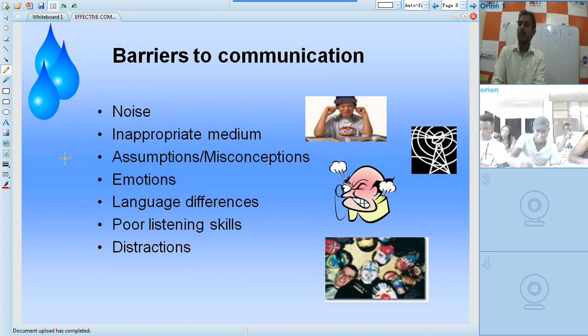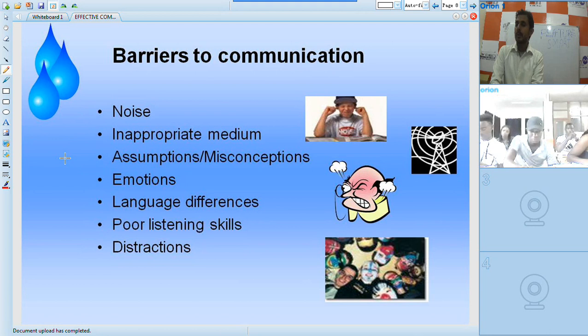While you are communicating with others, noise can affect the communication. Or the medium may be inappropriate. Suppose you are communicating over the phone, the network might be a barrier.